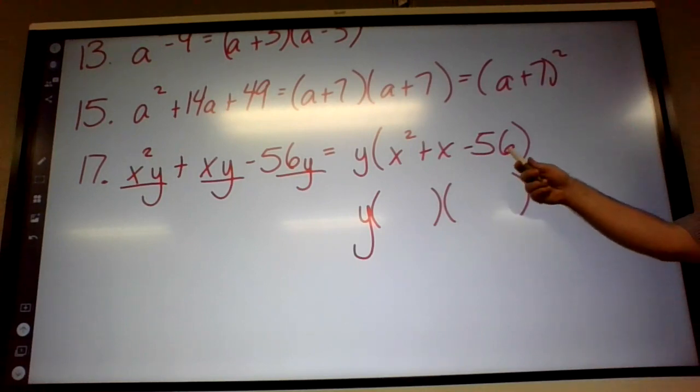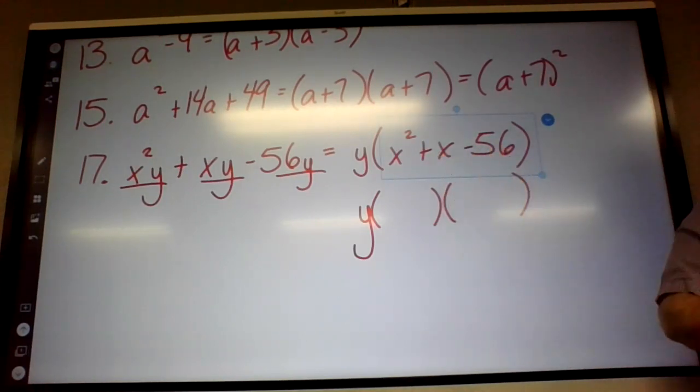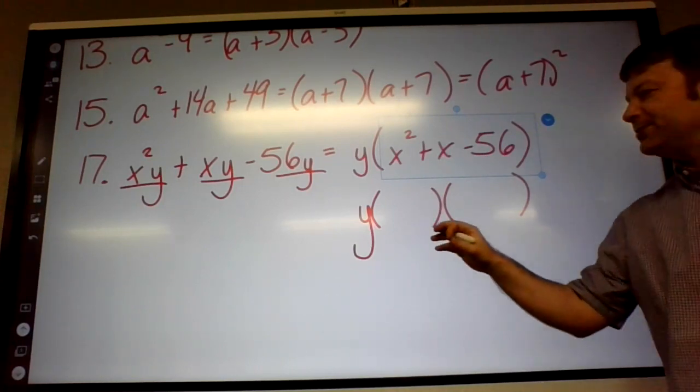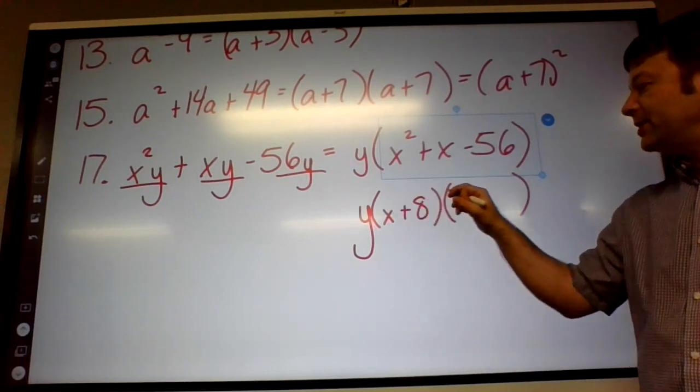So what multiplies into negative 56 that would also add up to 1? We had 56 earlier, remember what it was? 8 and 7. So how do we get a 1 out of 8 and 7? Negative 7 plus 8. So positive 8 and minus 7.